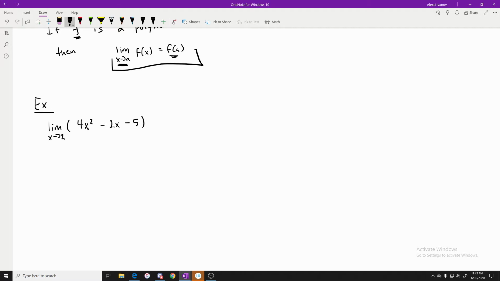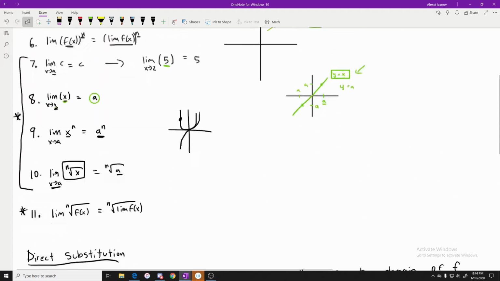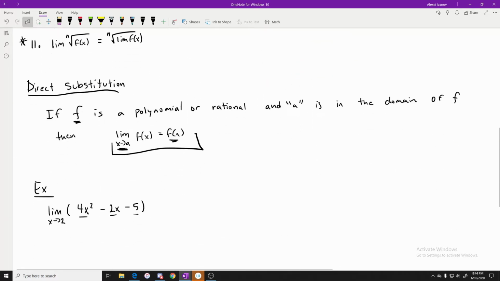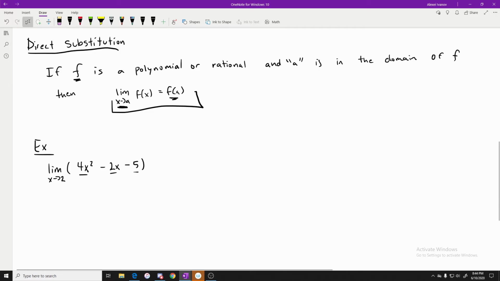We could just plug the limit in, and if you wanted a shortcut, that's probably what you would do, but a good exercise is to go through our limit laws and evaluate it one by one. The first thing we notice is that it is a subtraction of these functions. So if we go back to our limits, we can apply number 2 to simplify the way our limit looks. So let's do that now.